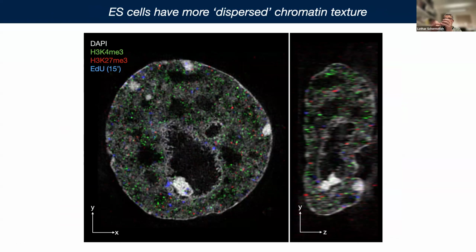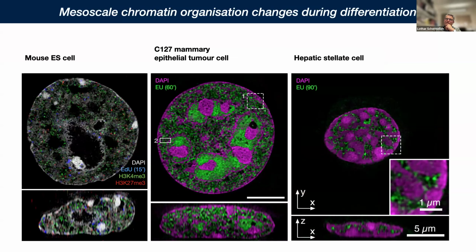So here we do not see these distinct formations of larger domains. There seem to be smaller domains, but it's definitely a different topography. On the other hand, if we look at differentiated cells, it's quite the opposite: formation of very large domains.